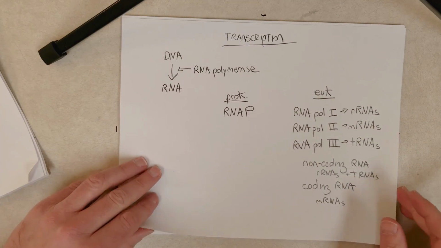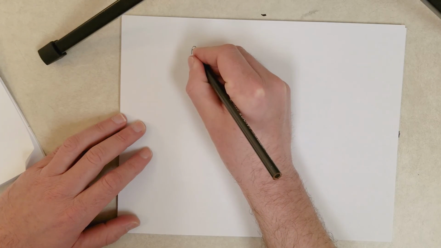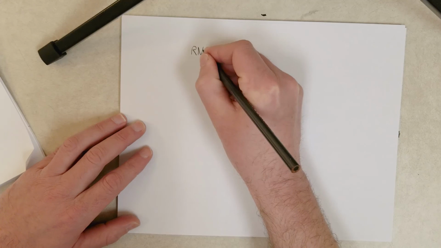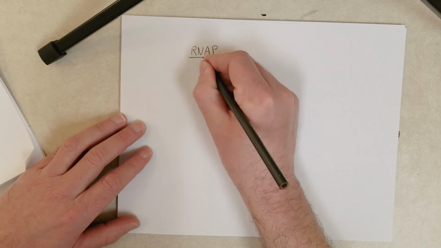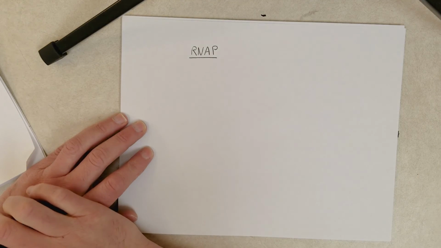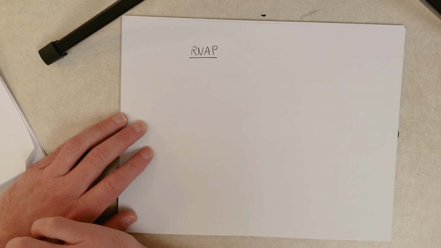So let's take a quick look at the structure of a prokaryotic RNA polymerase and a eukaryotic RNA polymerase. We don't need to remember too many details, but there is one particularly important part of RNA polymerase in bacteria that I will refer to a little further on in the video.